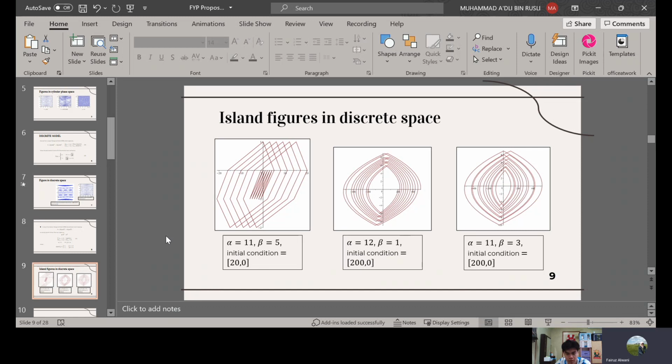So yang nombor 3, ni case kita. Alpha 11, beta 3 kan. Lepas tu dia memang tertutup. Even you tambah iteration pun dia memang akan jadi macam ni je gambar dia. Dia akan coincide je lah lepas dia periodik tu. So yang ni dia akan intersect exactly 11 times on the non-negative x-axis.